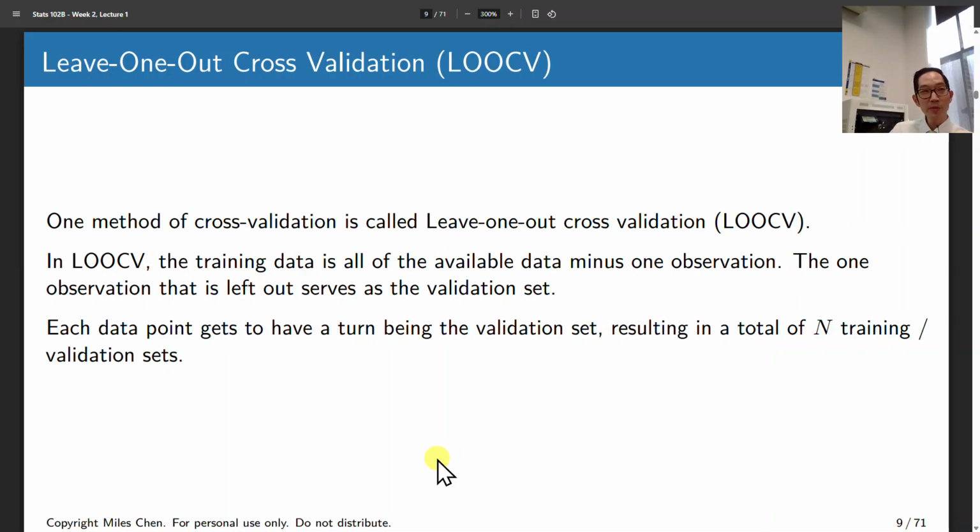And that one observation that you left out serves as the validation set, okay? And then each data point in your available observed data will get a turn at being the validation point, okay? And so you'll have a total of kind of n training or validation sets.